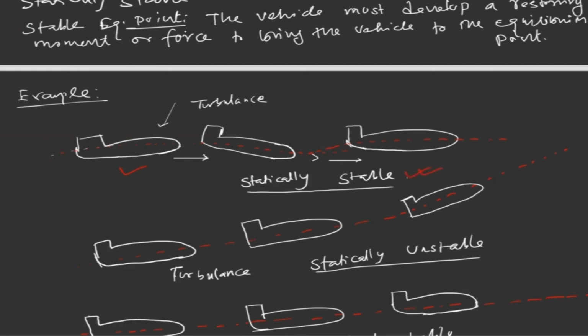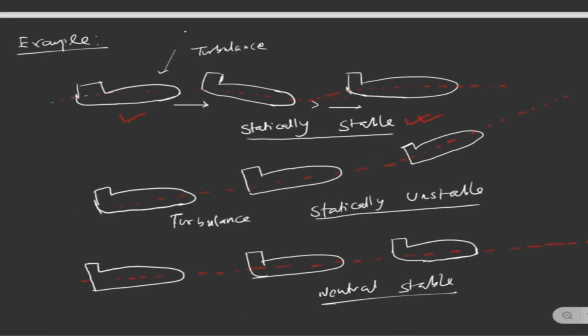Now if we have another condition, let's assume the vehicle's initial position is here. If there is some turbulence acting on the system and it deviates from the initial position and continues to diverge, and the vehicle has this kind of tendency, we call the aircraft statically unstable.